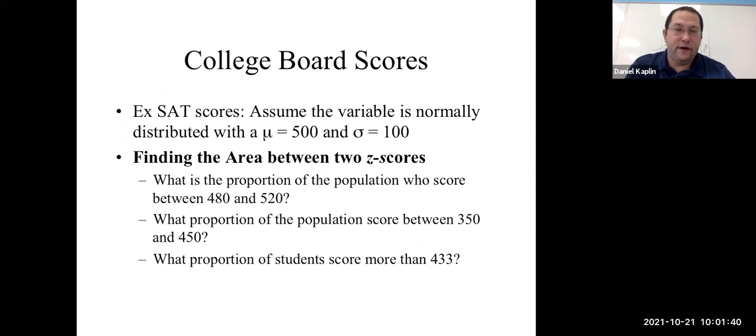I said you could figure out the area between two z-scores. So let's see what we can do. I'm going to take these three questions and put them on the board, and I'm going to show you how to calculate them. So let me stop my share and pause the recording to set up.